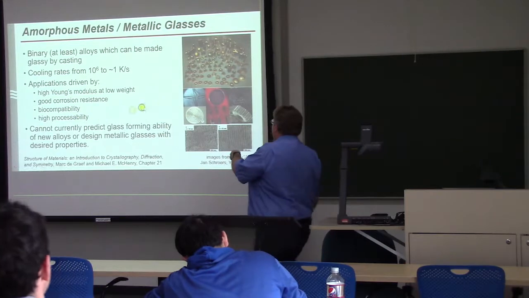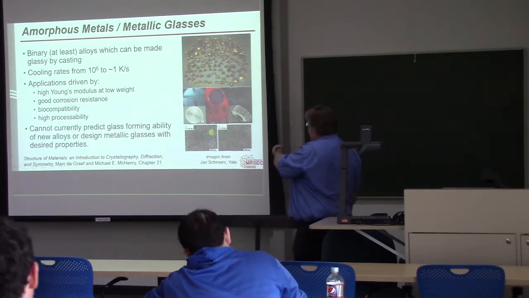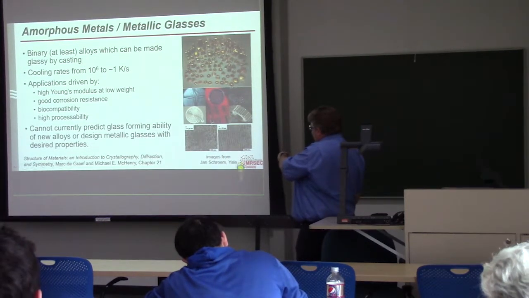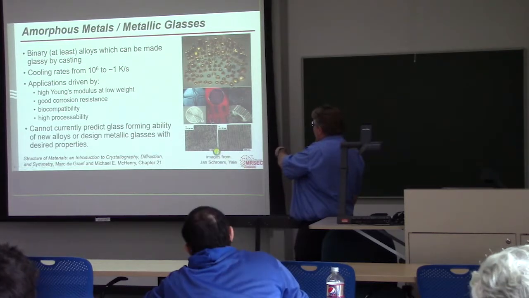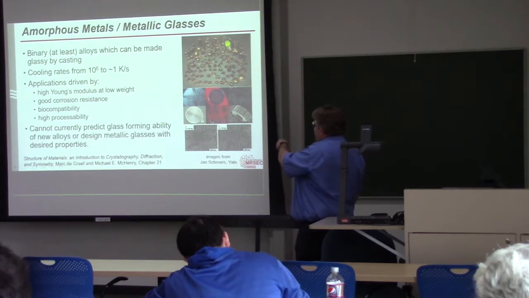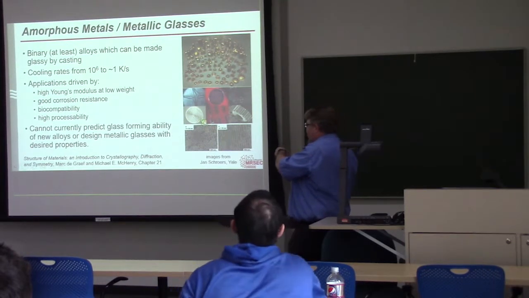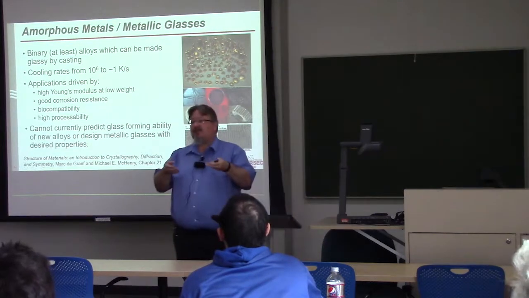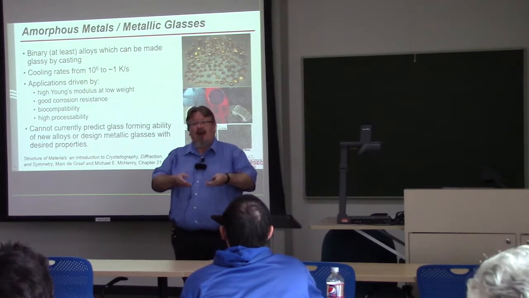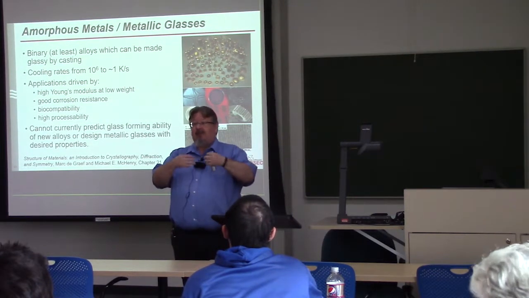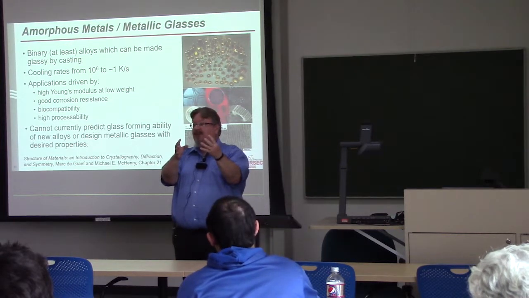That I really like. Here are some examples that I've stolen off of Jan Schroers' website at Yale of the ability to process metallic glasses into a huge variety of structures at a bunch of different length scales by raising them into the supercooled liquid state, where they're highly viscous liquids, and deforming them in that state to fill a mold.